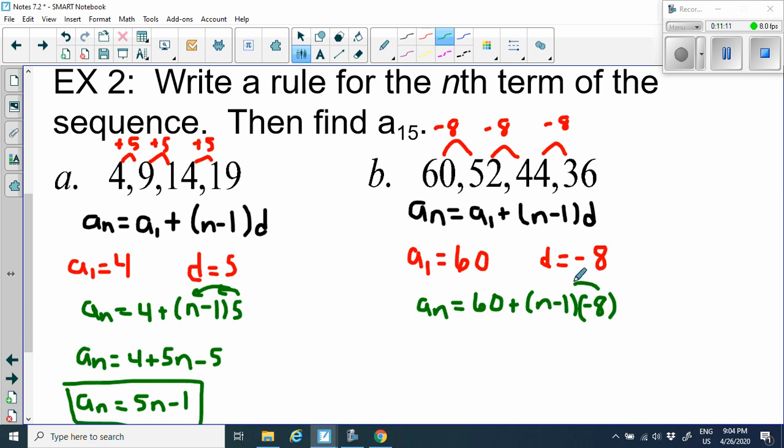Now I'm going to distribute my negative 8 to the negative 1 and n. So I have a sub n equals 60 minus 8n plus 8. So my rule here is going to be a sub n equals negative 8n plus 68.